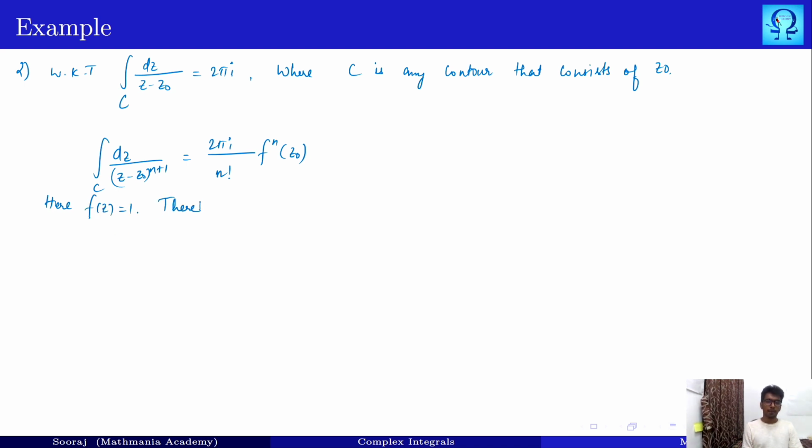Therefore, the nth derivative of f is 0 for all n. Right, this is going to happen. This proves the integral over c of dz upon (z minus z naught) to the power n plus 1 equals 0.